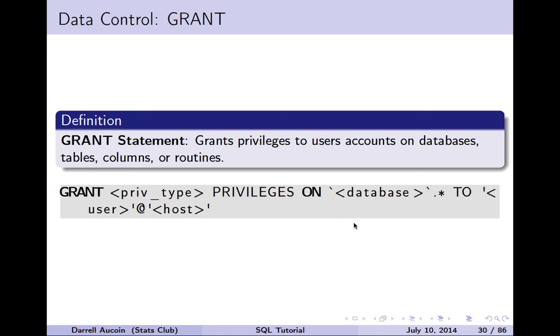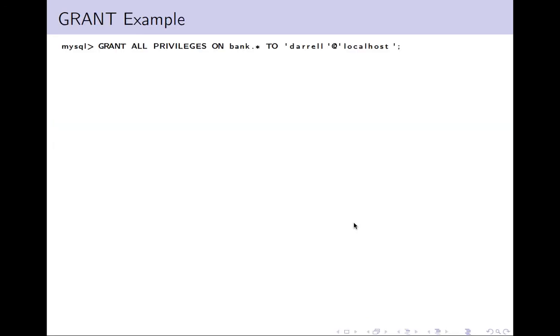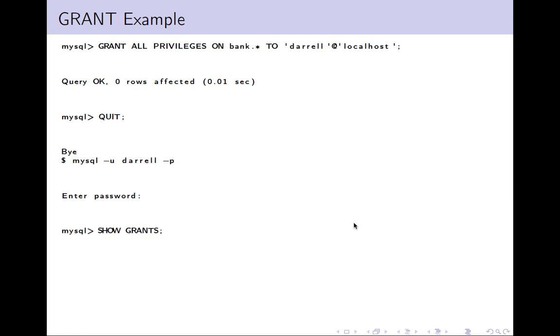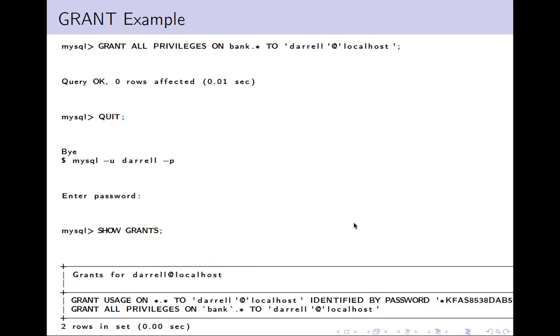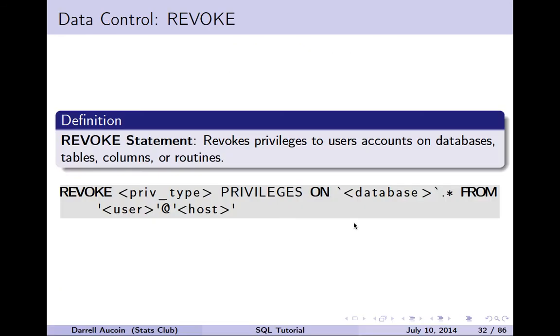You put those in there, or all, if you want to give them all privileges for a database to a certain person at a host. So grant all privileges to myself on localhost, and log into mine, and I have a grant.